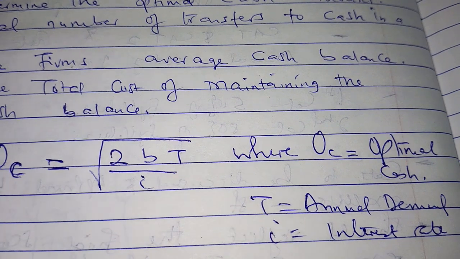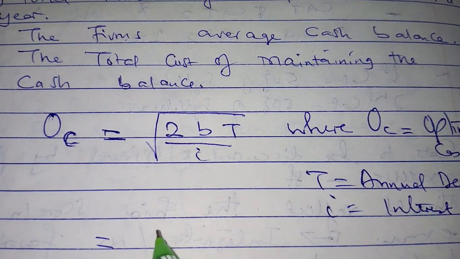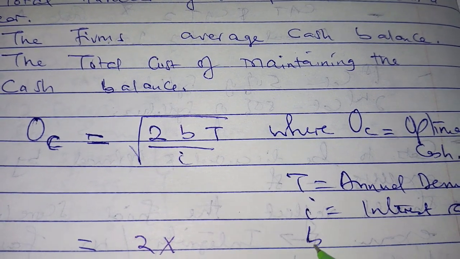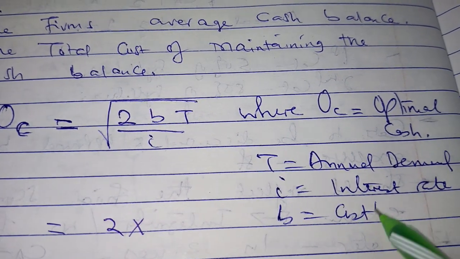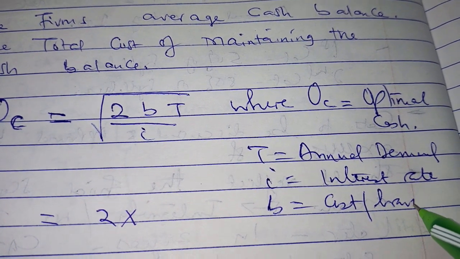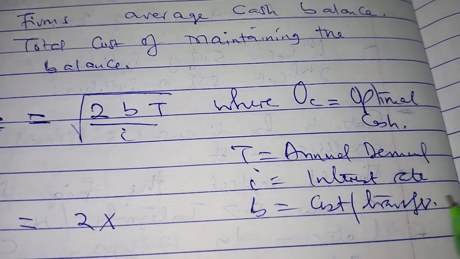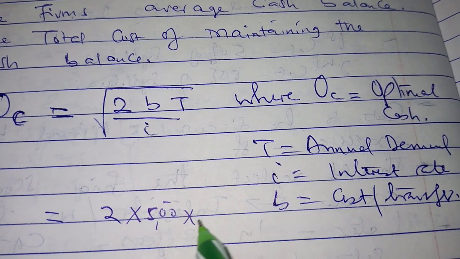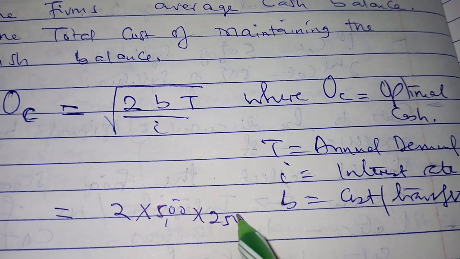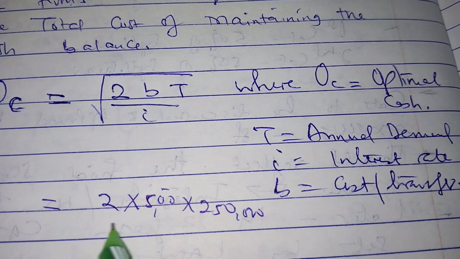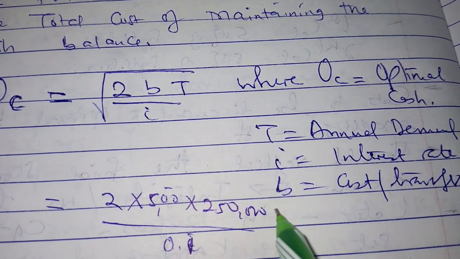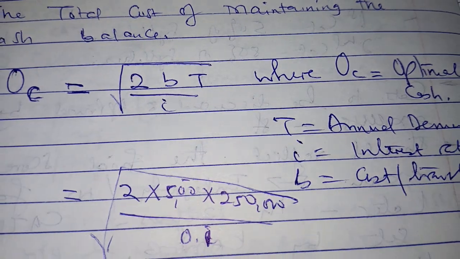Therefore, from the equation, OC is the square root of 2 times the cost of transfer, where B is the cost per transfer. Every time we transfer, we incur a cost of 500. Therefore, we shall have 500 multiplied by 250,000, then we divide by the 10% interest, which is 0.1, and take the square root.